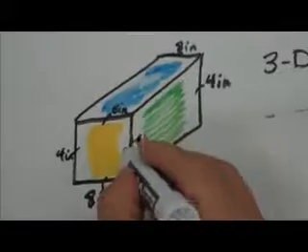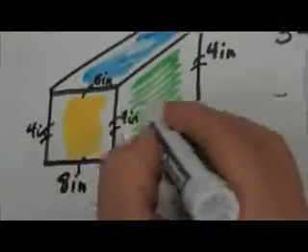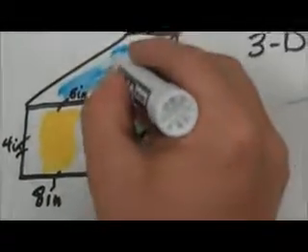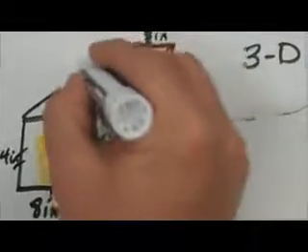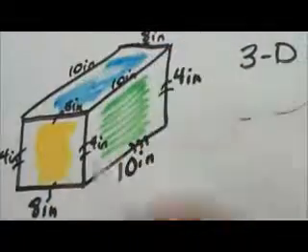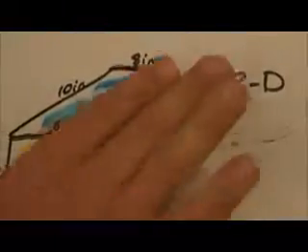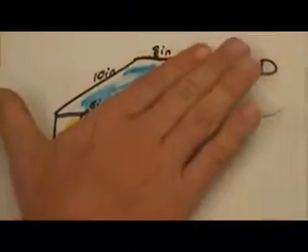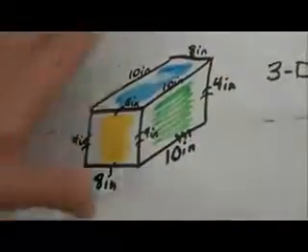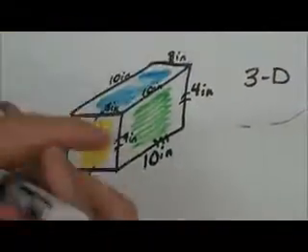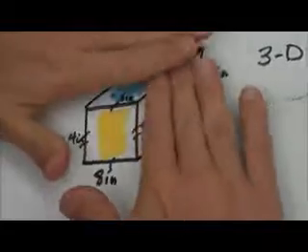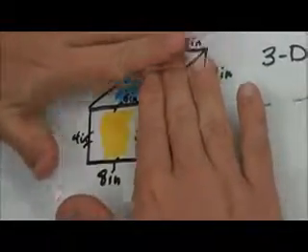And if I have 10 inches here, that means I've got 10 inches here and 10 inches here. If you break them apart and look, you see your length times width, your length times width, and then your length times width.